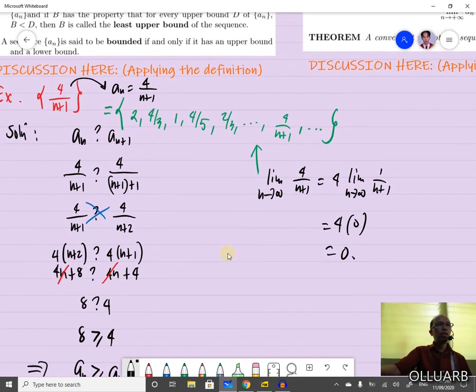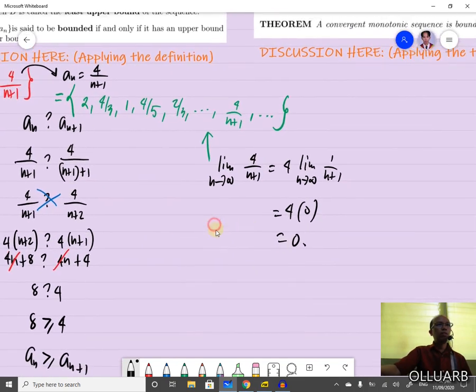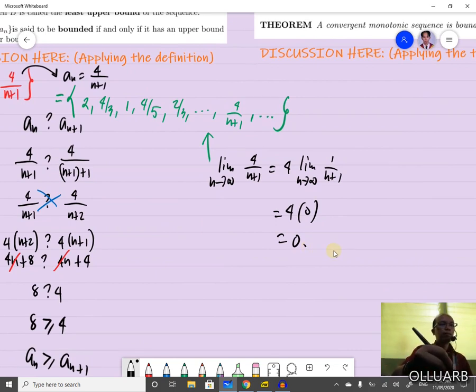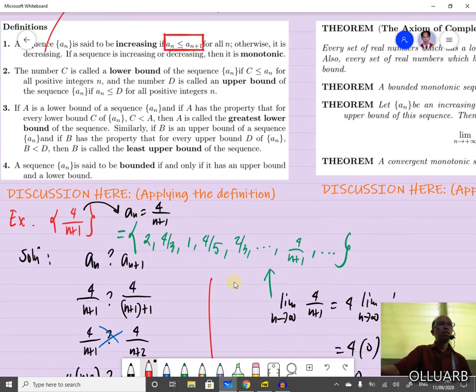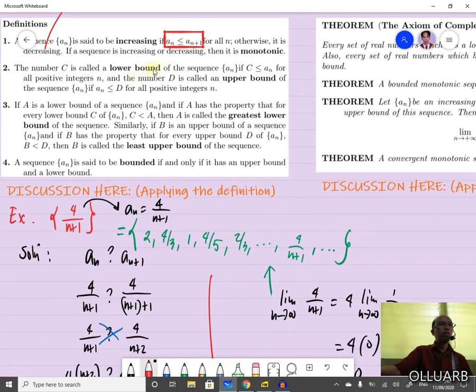So meaning to say, for this sequence, the lower bound, it says here that the lower bound is a number c.